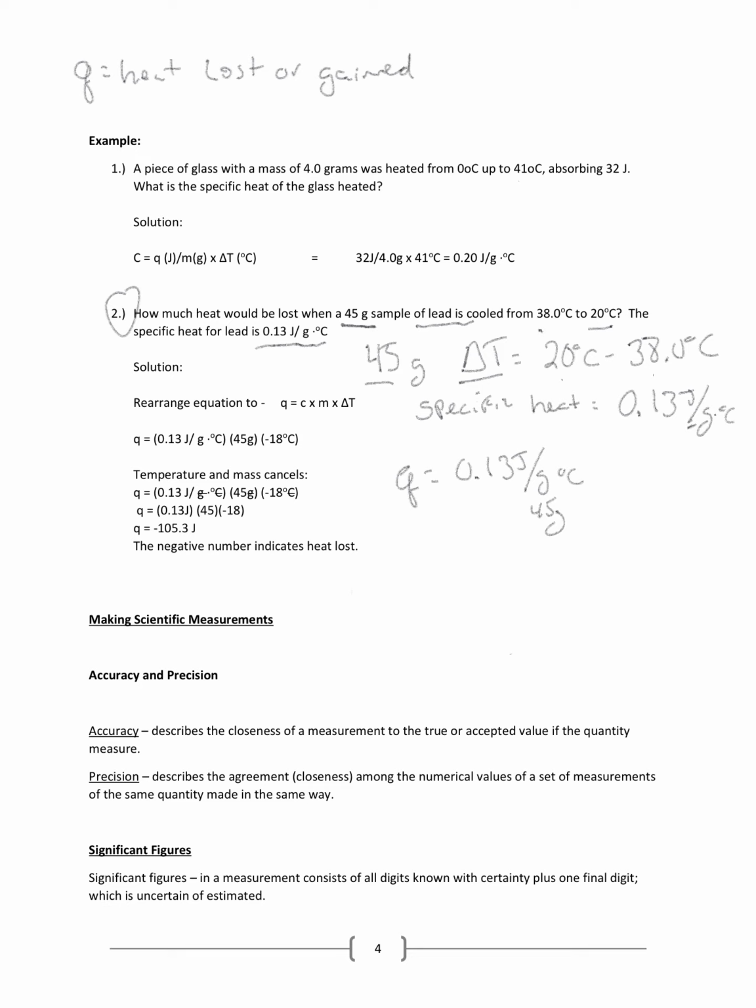So that's the change. So 20 minus 38 is our delta T. 20 degrees Celsius, which is our final, minus the initial.